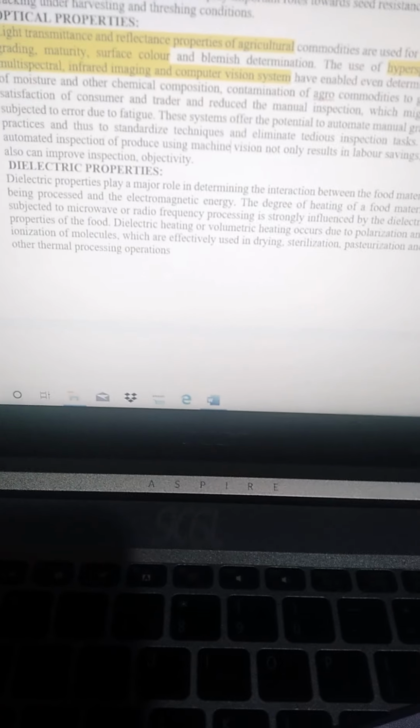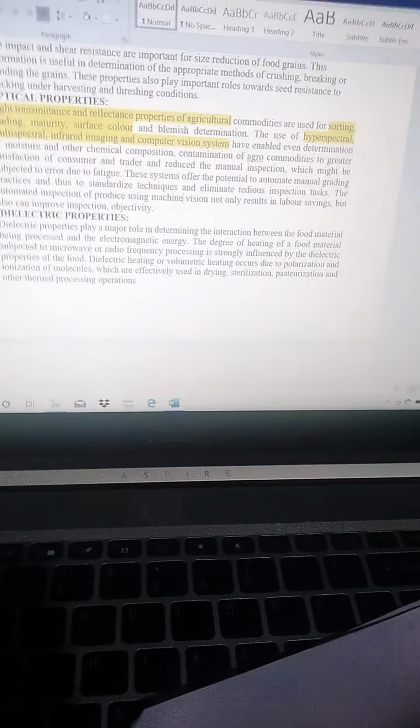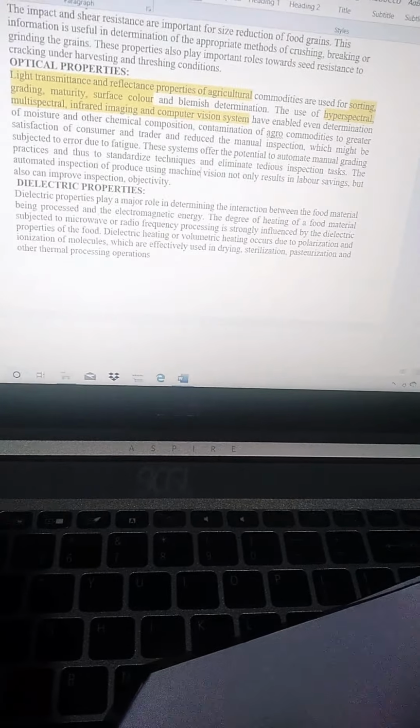So we can conclude that the product is not good for use. It didn't attain its sourness, TSS, and all other characteristics.